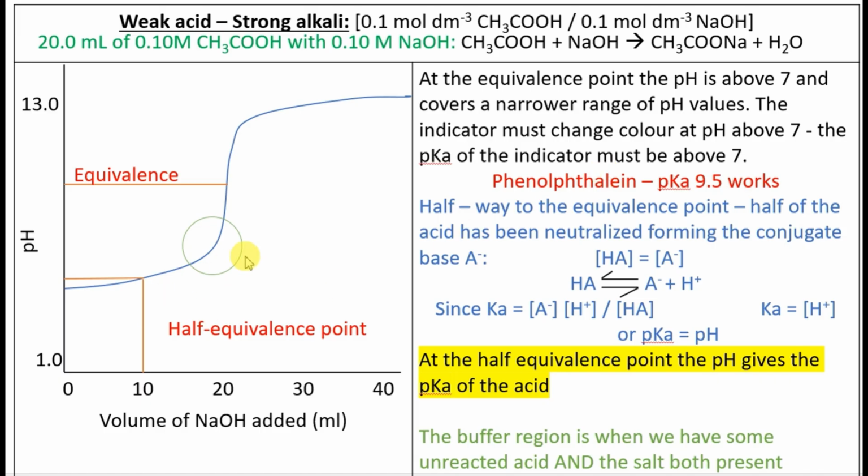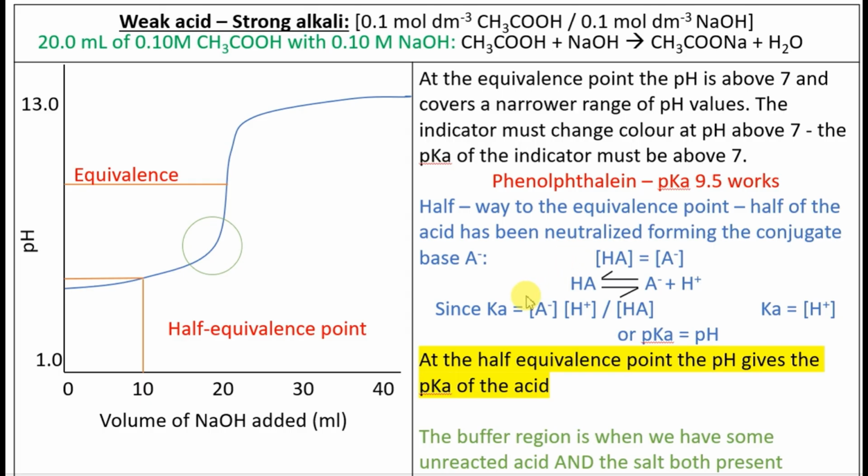I've got a narrower change in pH at the equivalence point compared with strong acid with strong alkali. My indicator must change color at a pH above 7 at the equivalence point. Now that means the pKa of the indicator must be above 7. Phenolphthalein, pKa 9.5 or thereabouts, works.